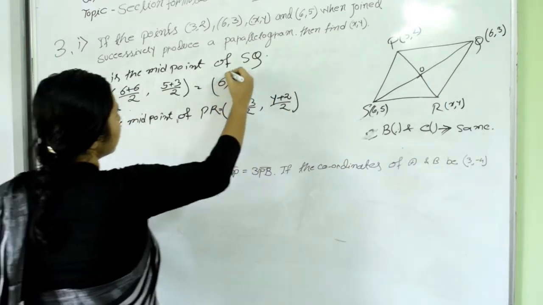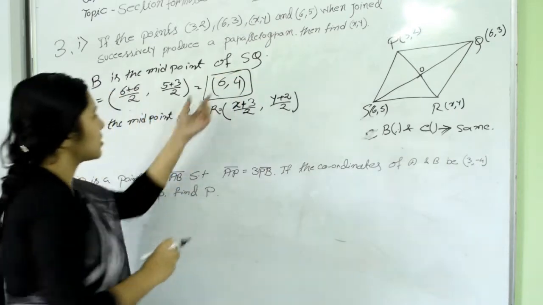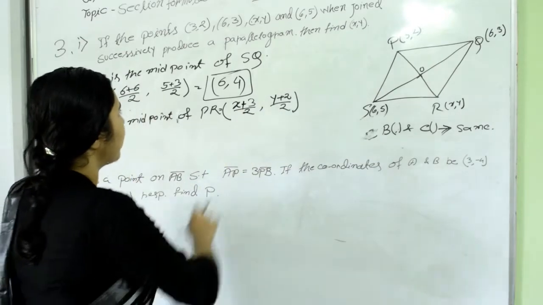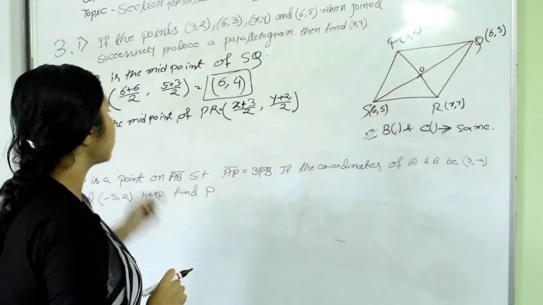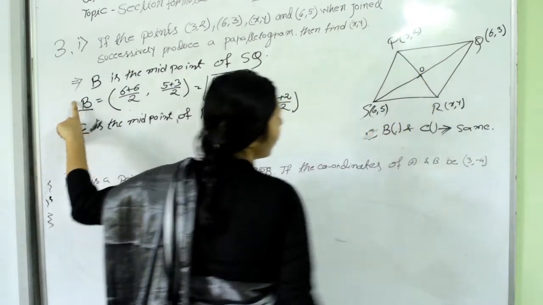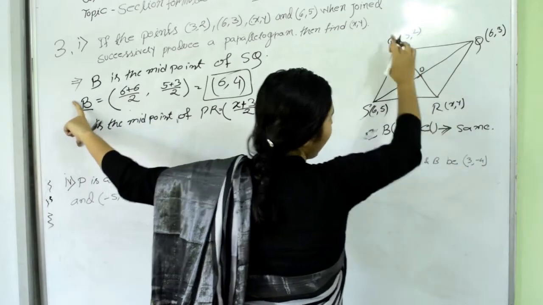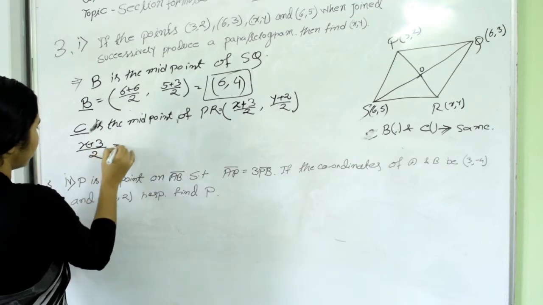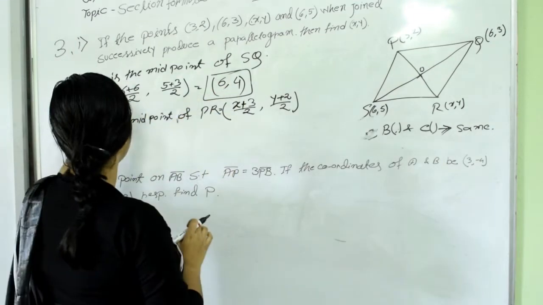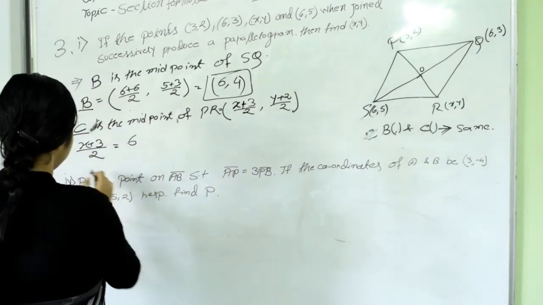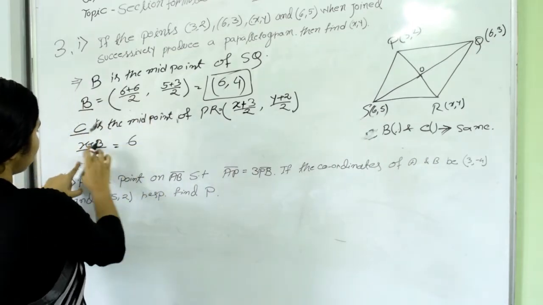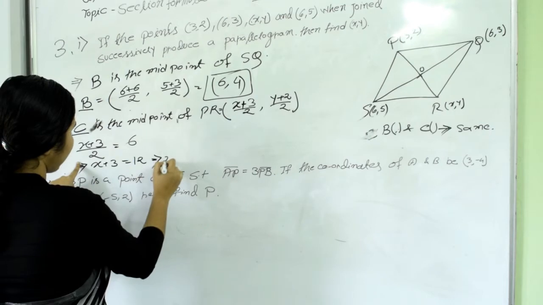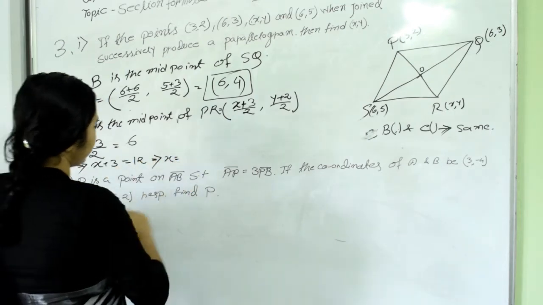Now this is the coordinate of the point B and this is the coordinate of the point C. Now equate these 2 coordinates, because here we know that the midpoint O is the same for SQ and PR. So equate (x + 3)/2 with the abscissa of the point B, which is 6, which implies x + 3 equals 12, implies x equals 12 minus 3, which is 9.